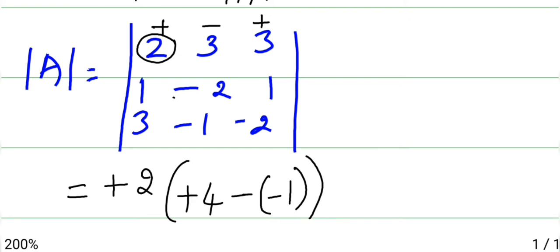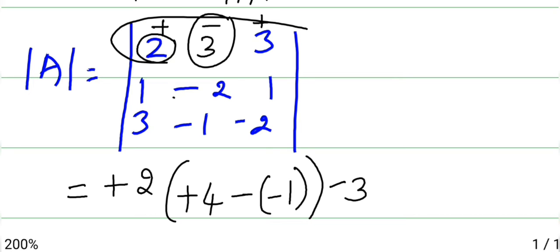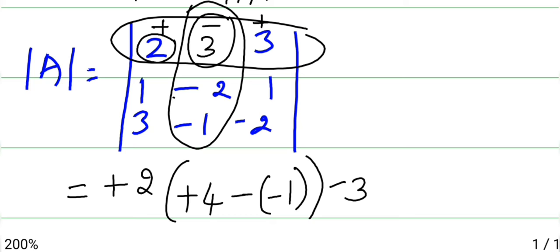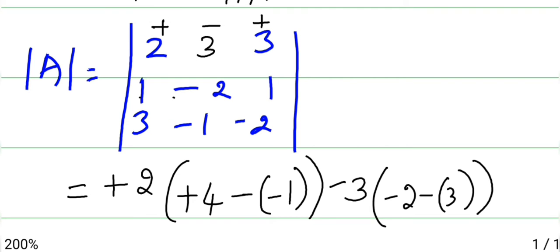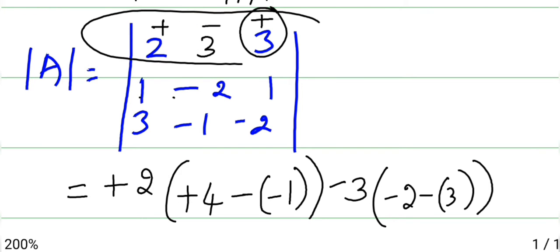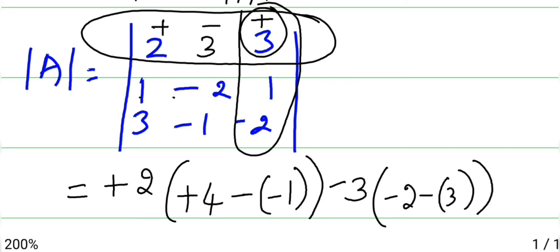Then going on with the second term, when you take 3, that is minus 3, you will leave that row and that column. So the other terms will be cross multiplied. That is minus 2 minus of 3 ones are 3. Then next you will take the third element, that is plus 3. That row and that column will be neglected.